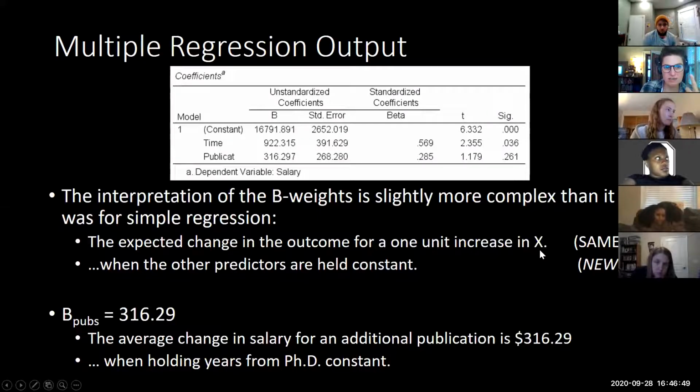Every time I increase x by 1, I'm expecting to increase y by this much. That's not new. What is new is you have to add when the other predictors are held constant, or when the other predictors are the same. There's a couple of different ways to say that, but the whole idea is that you have to hold one of them the same while you move the other one.